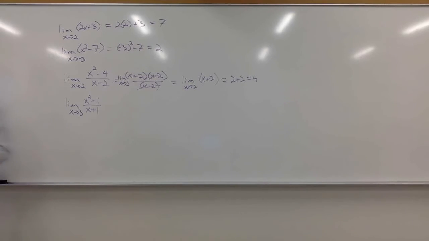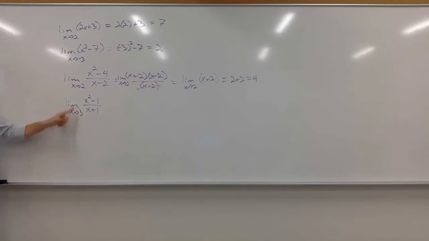So what's the first thing that you want to do here? Right. First thing you want to do is plug in your value. In this case, I don't have to do any algebra. If I plug in 3, I get a real number. It's only when you plug in that value and you don't get a real number, like in the previous case when I plugged 2 in and got 0 over 0, that I had to do some algebra.